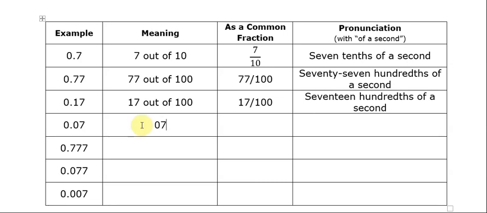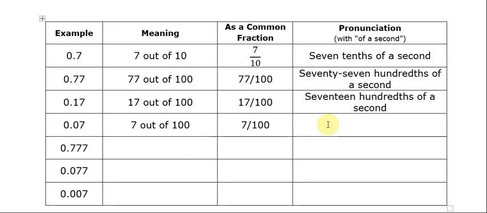So it's 7 out of 100. But of course, we don't have to write the 0 in front of the 7. So we leave it just as that, 7 out of 100. And of course, we do not need the 0 in front of the 7. So we write it as that.